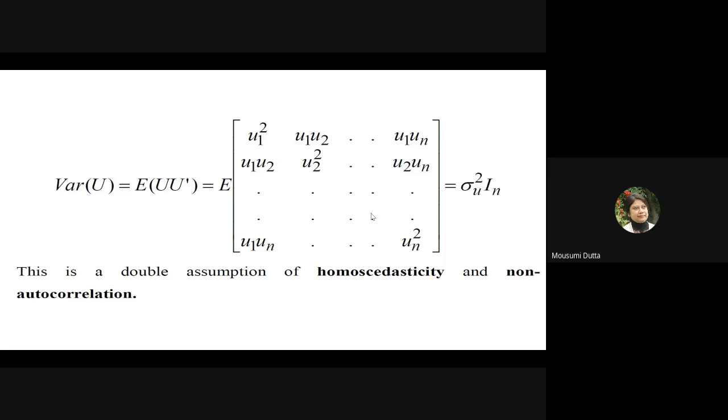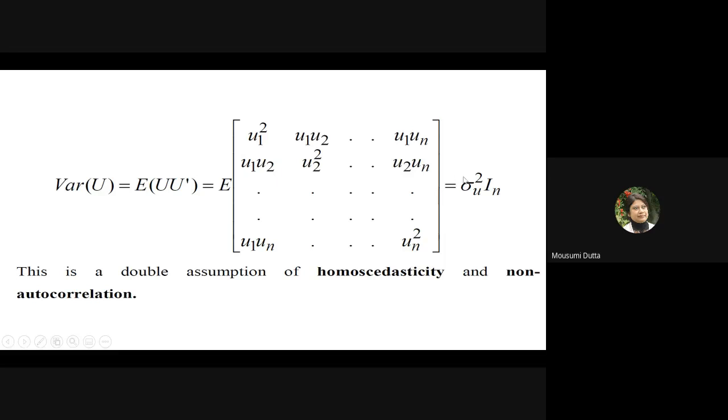So that I am assuming. So what if I operate expectation, then what am I getting? I am getting a matrix where I have sigma u square in the diagonal, and all off-diagonal terms will be nothing but 0.